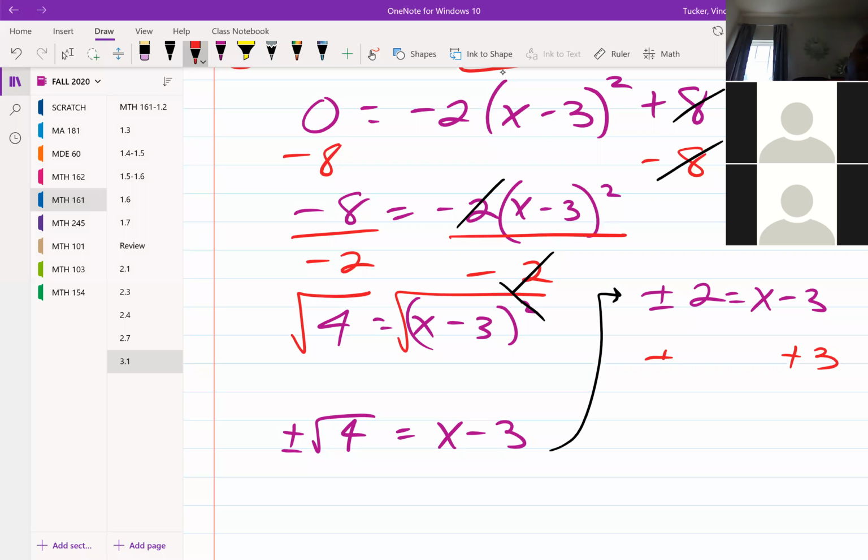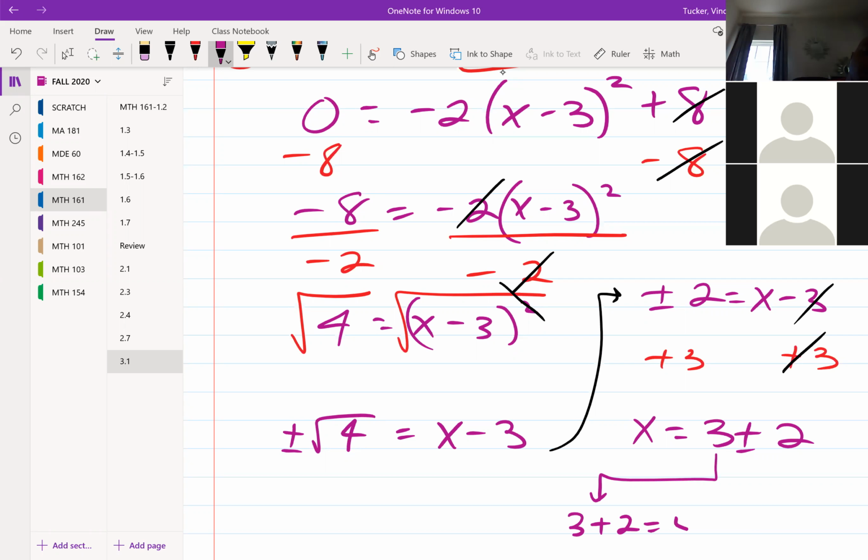Then add 3 to both sides. x is equal to 3 plus or minus 2. Three plus 2 is 5. 3 minus 2 is 1.